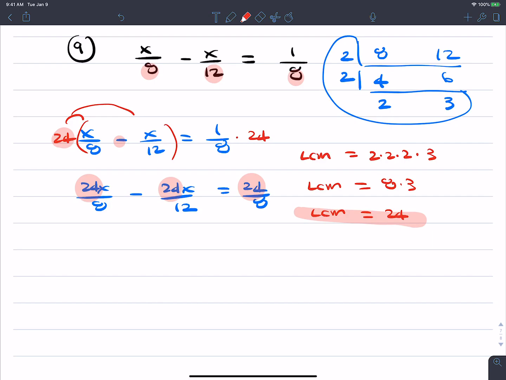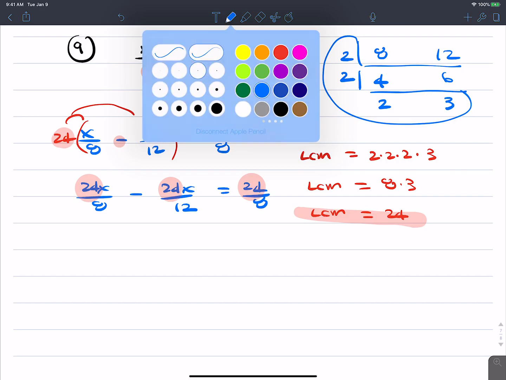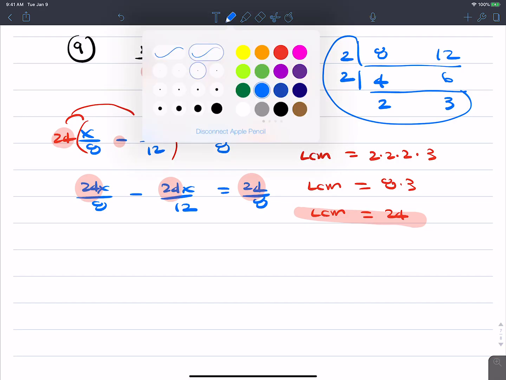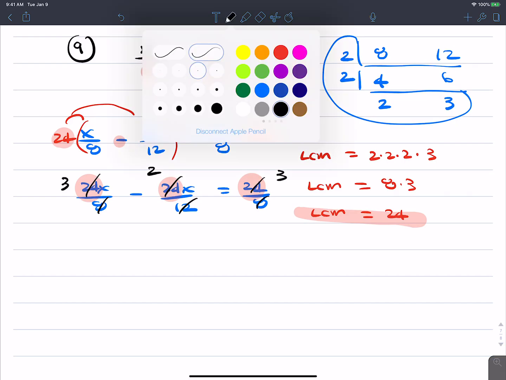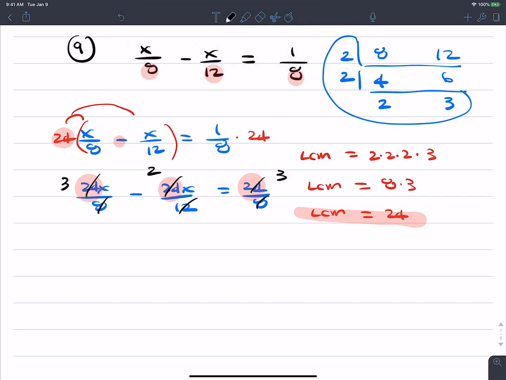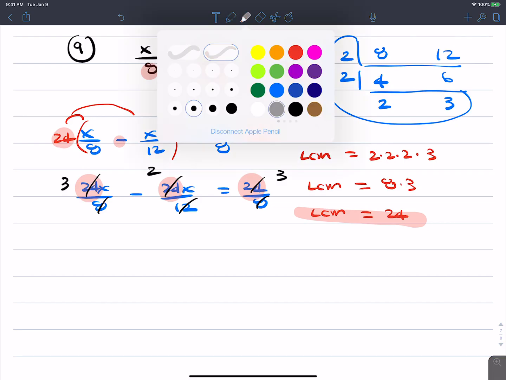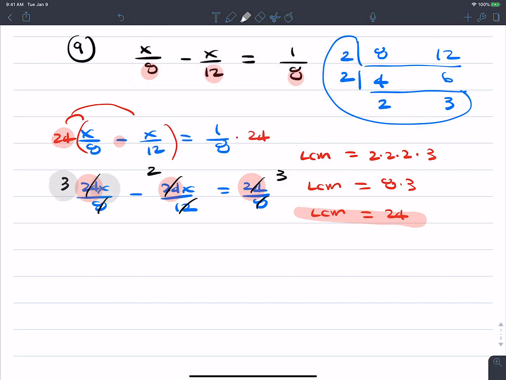Now, if you did everything right, what's the story here? What will happen? Do you guys know? 8 goes into 24 3 times. 12 goes into 24 twice. 8 goes into 24 3 times. So be careful here and check to see what's left. 3 and x. 2 and x. And then just a 3.